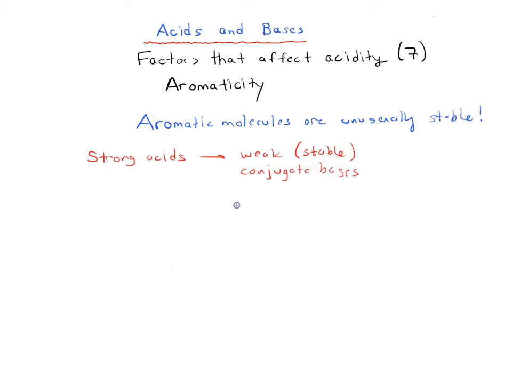So if the conjugate base is stable or unusually stable, or if it's aromatic, then the conjugate acid would be unusually acidic.